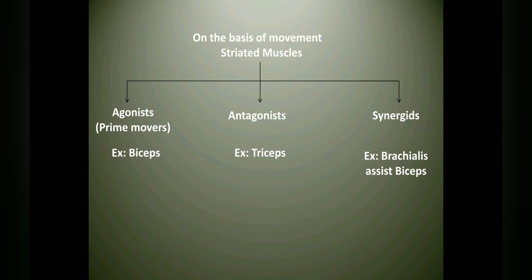Now, on the basis of movement, striated muscles are of three different types. Striated muscles we already studied in the last chapter, that is animal tissue. Now here, the three types which are present: they are agonists, also called prime movers, then the second one is antagonists, and the third one is synergists.